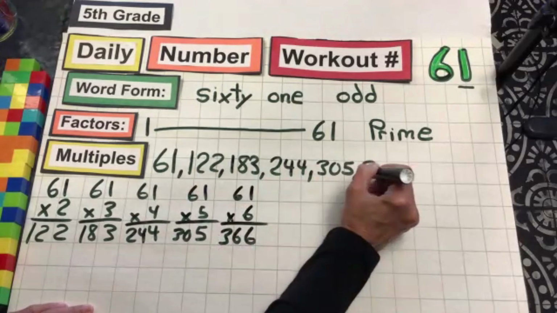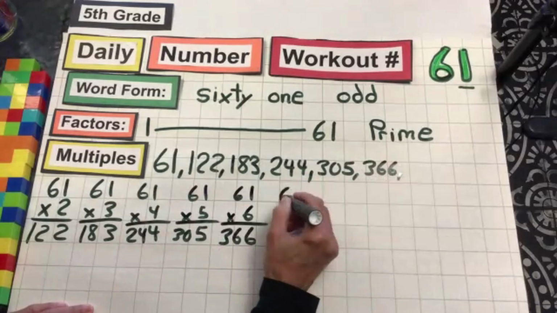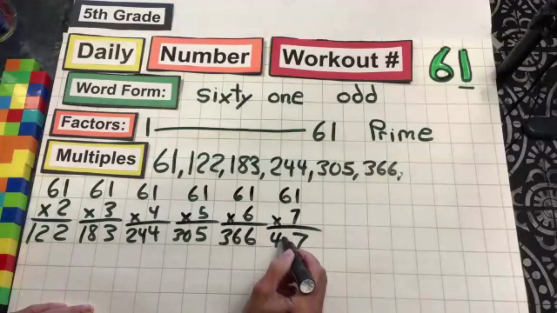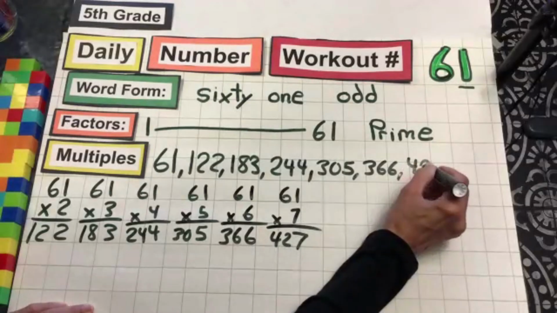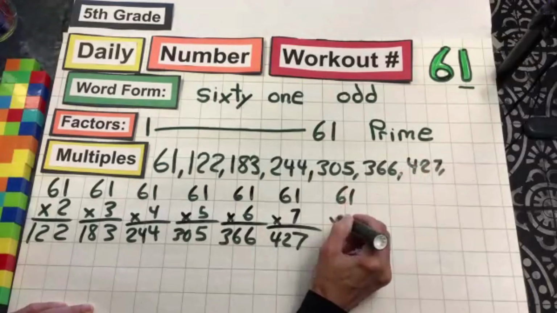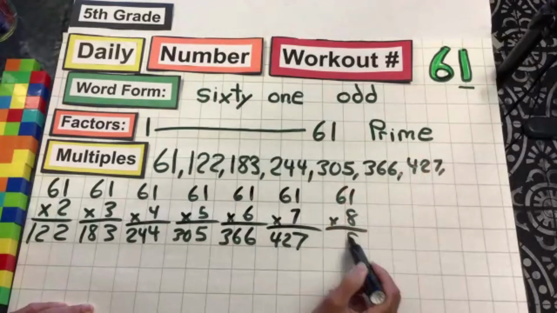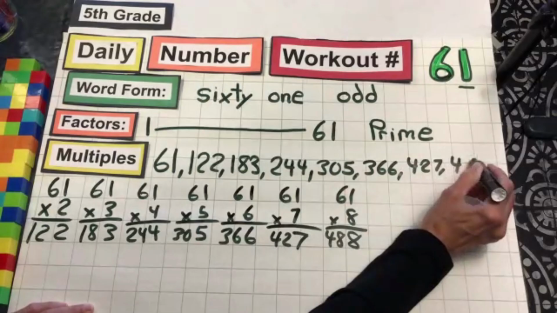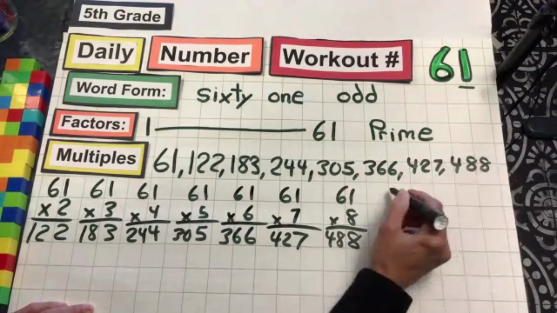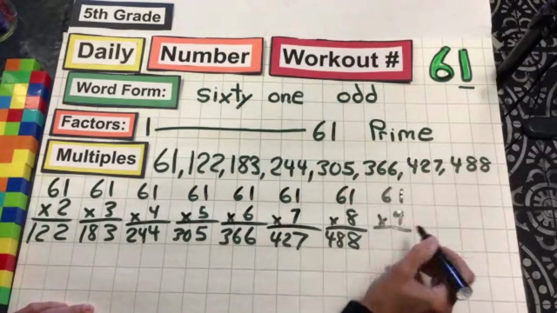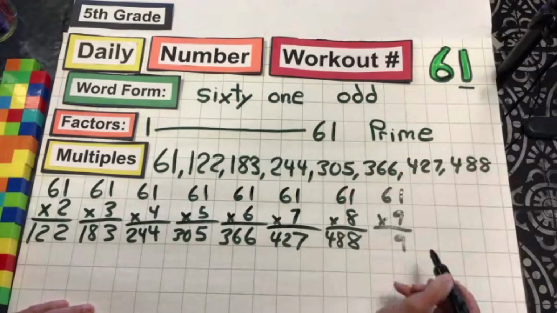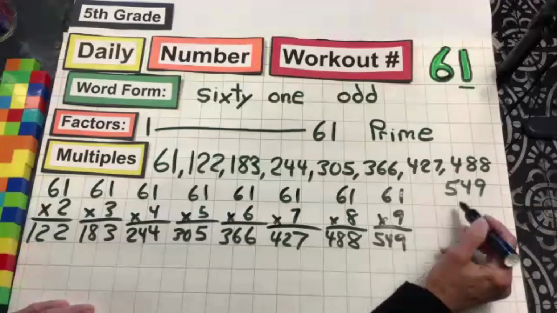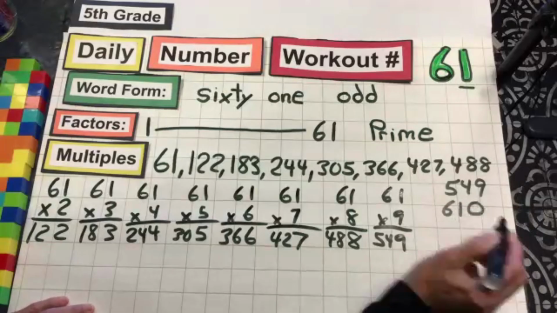So we have 366. 61 times 7. 7 times 1 is 7. 7 times 6 is 42. 427. 61 times 8. 8 times 1 is 8. 8 times 6 is 48. 488. 61 times 9. 9 times 1 is 9. 9 times 6 is 54. 549. And then 10 times any number is that number with a 0 in the ones place.